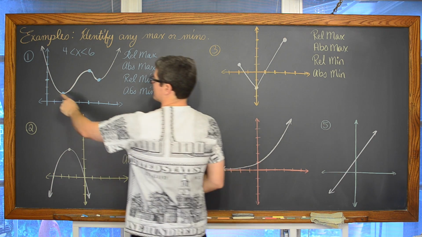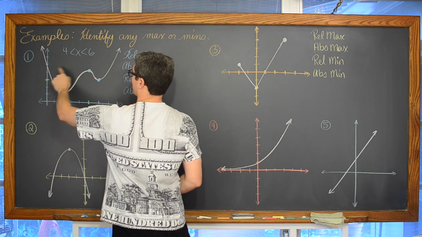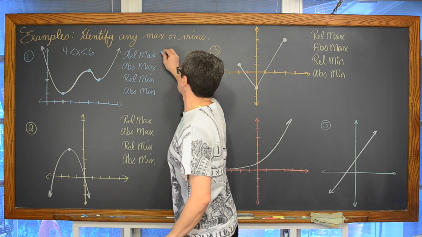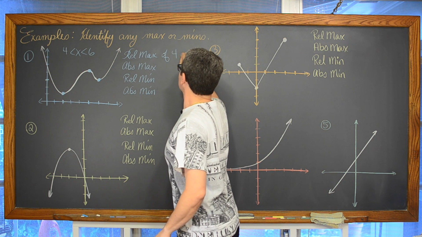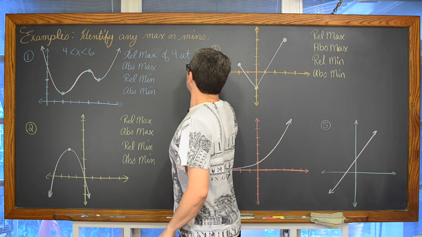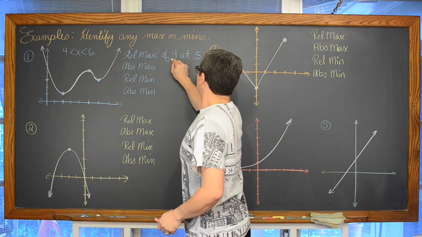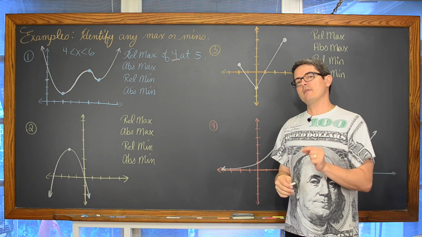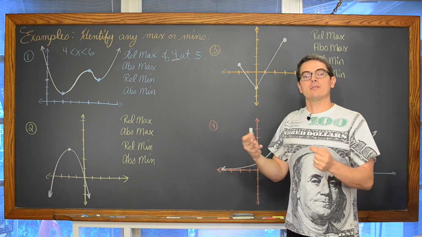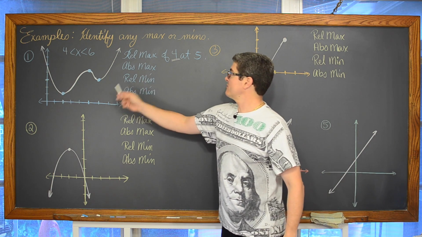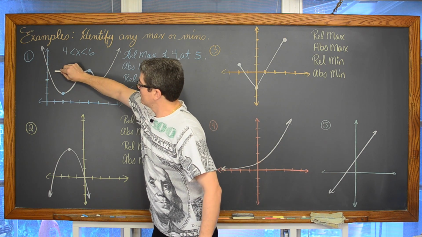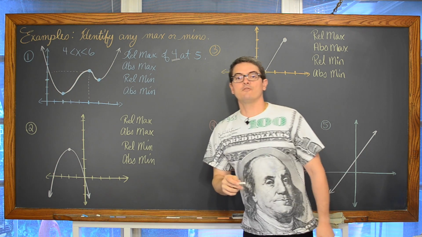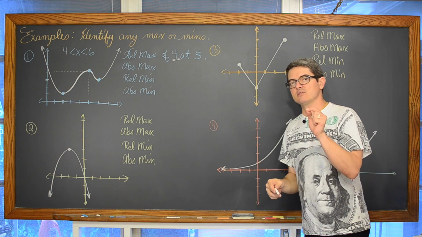Now we have a relative max of 4 at 5. Identifying the max and mins is about the y value, but I like to also identify where that y value is. So we do have a relative max of 4 at the x value of 5, and the maximum is the 4.